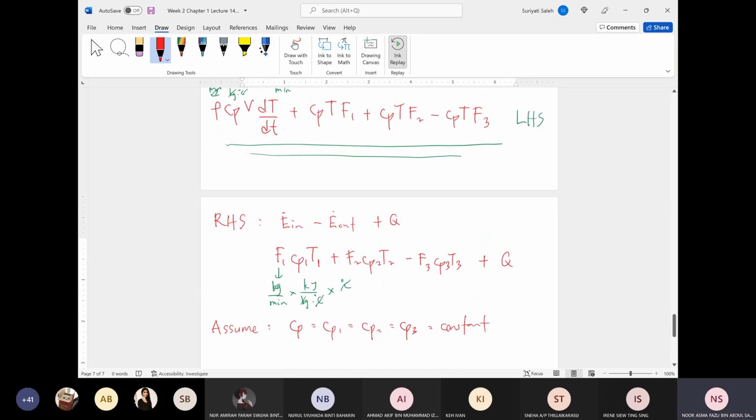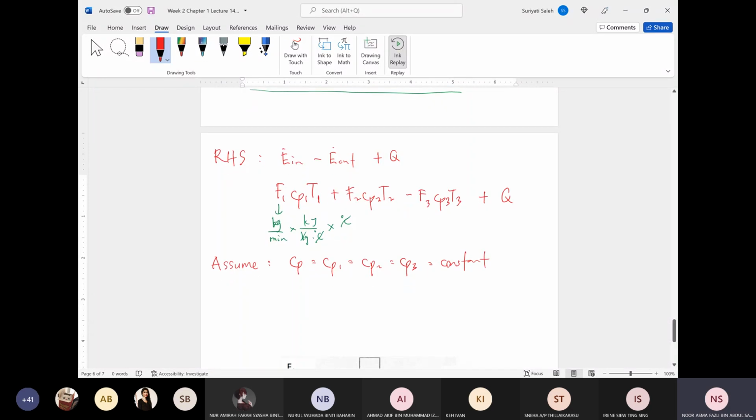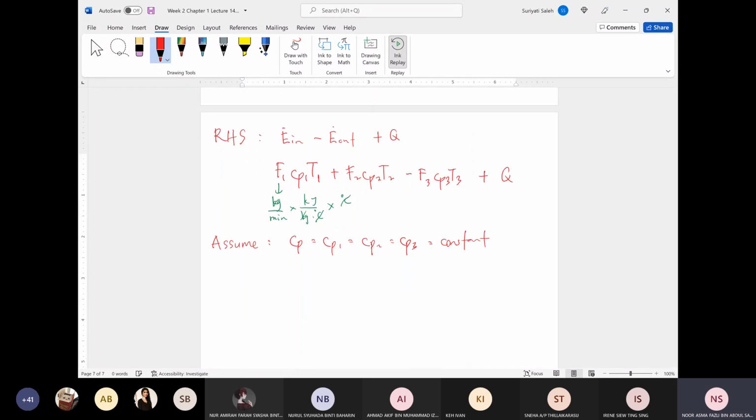So right now, we want to rearrange our equation.